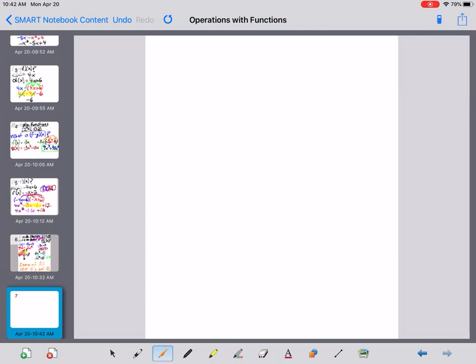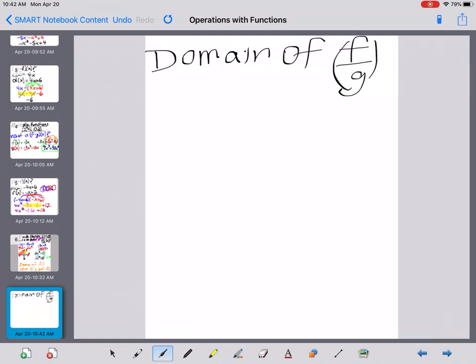Okay, so that first one took a little bit longer, but let's move on to another one. This one won't take quite as long because we kind of know what we're doing now. So on this one, same thing. We're wanting to know the domain of f divided by g of x.